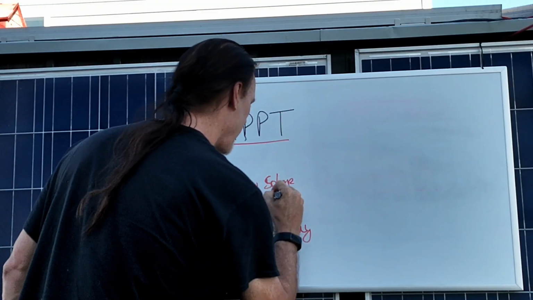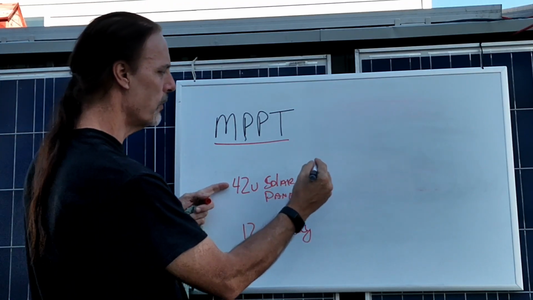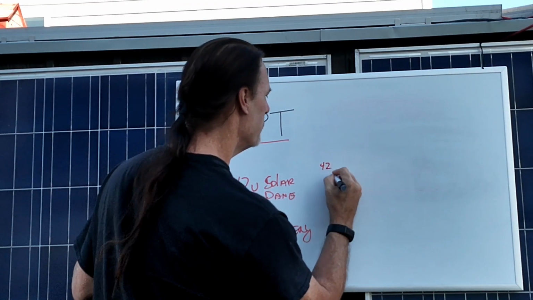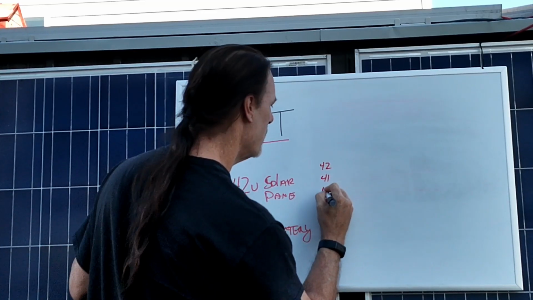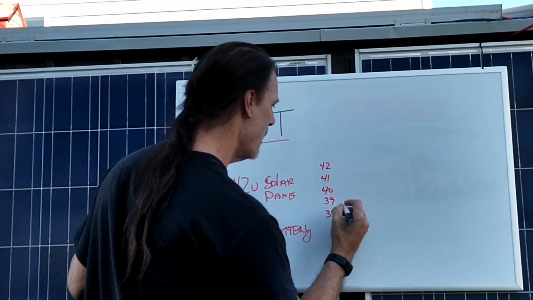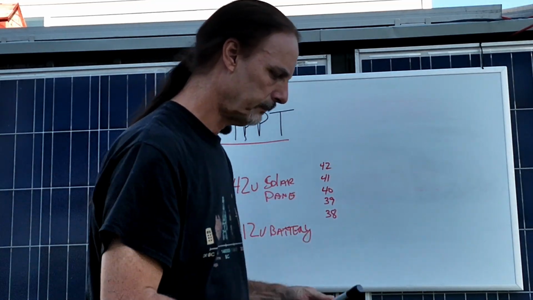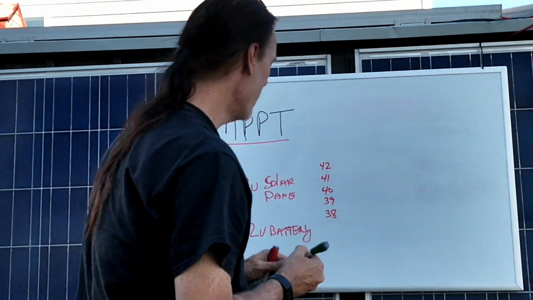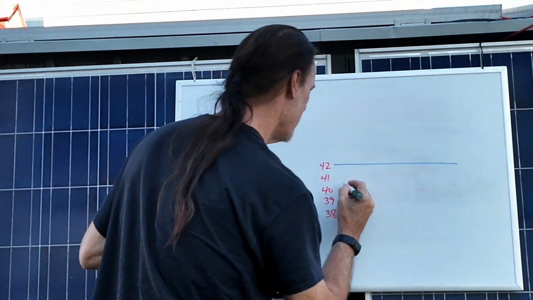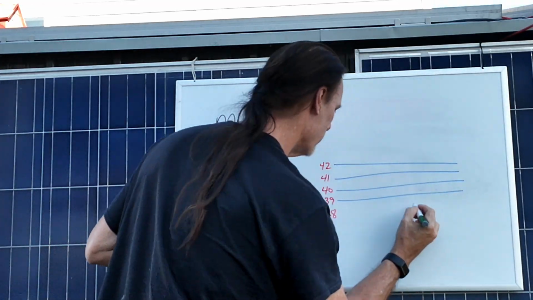When you have a 42 volt panel like this, you're basically going to see the power fluctuate across this grid as the day goes by.